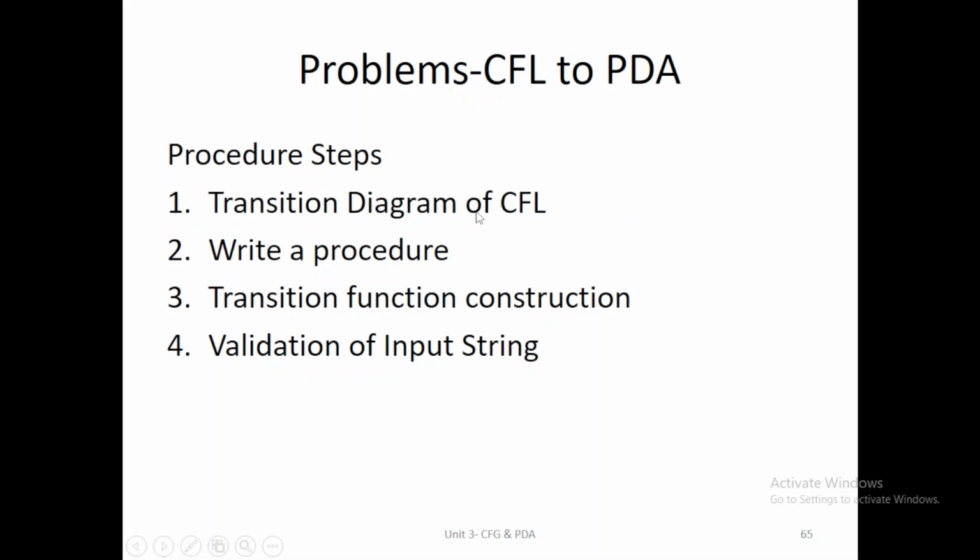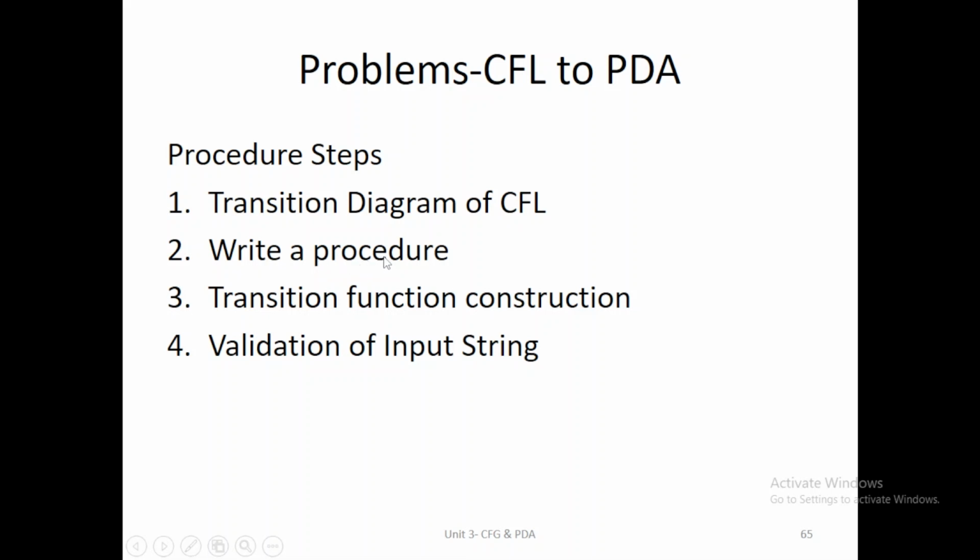I already told you that a pushdown automata is an extension of finite automata, so the transition diagram is nothing but drawing a non-deterministic finite automata for the given language. In the first unit, I already covered the conversion of a language to NFA and also to DFA, so please refer to those videos for the transition diagram of CFL.